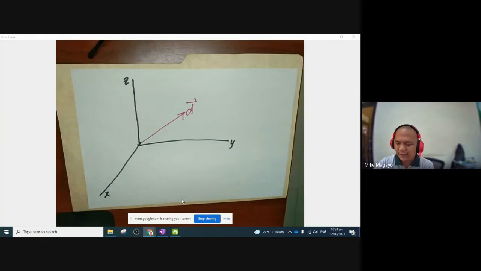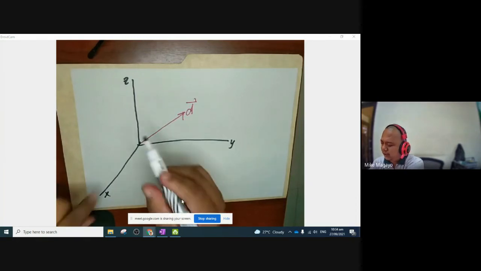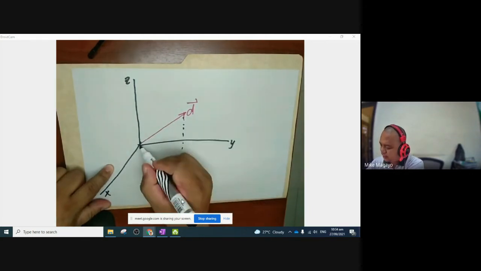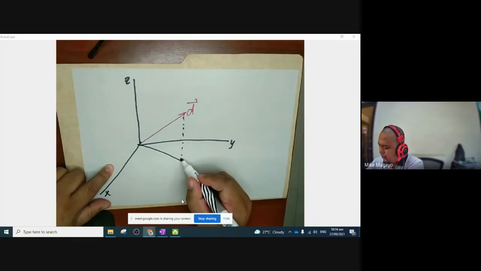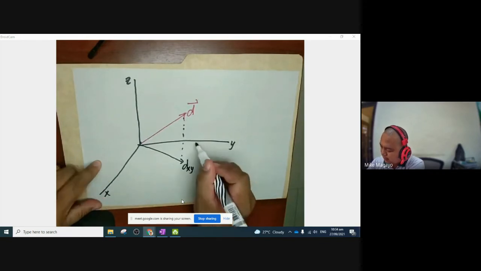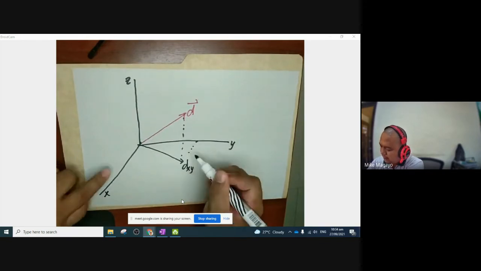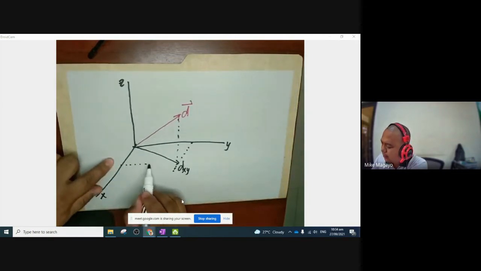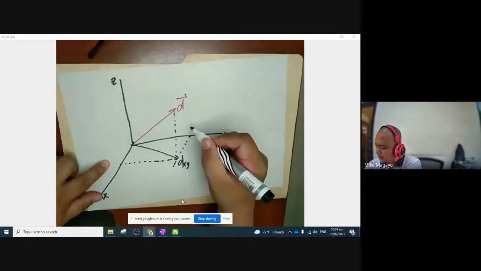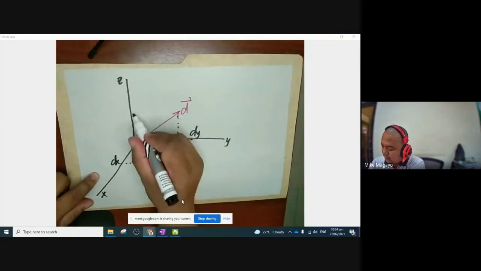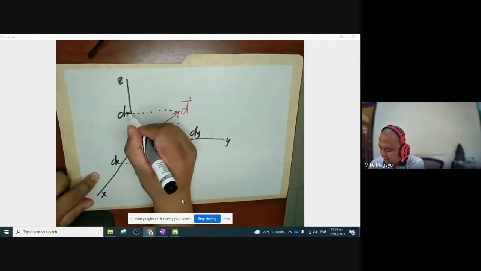Okay, so given the angle, it has its direction here. You have your d along xy, and here it should be parallel with this axis. Then here, this is your dy, dx, and dz.